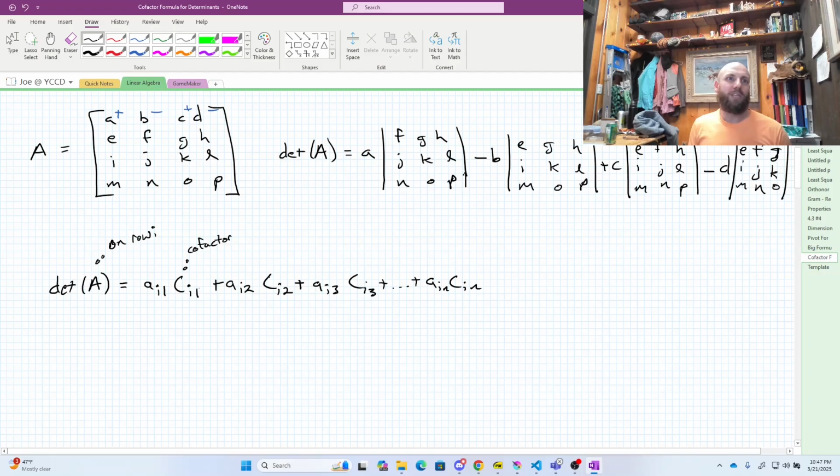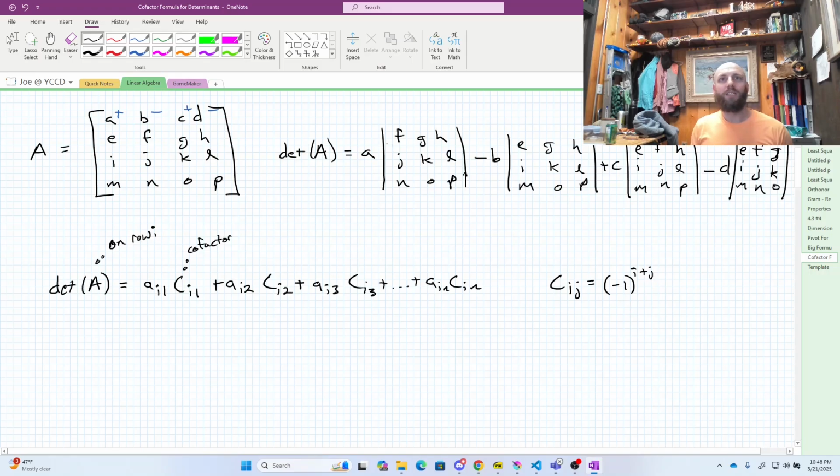And the trick with these guys is that each of these things, right? The cofactors are given by this. So the cofactor C_ij is (-1) to the i plus j.